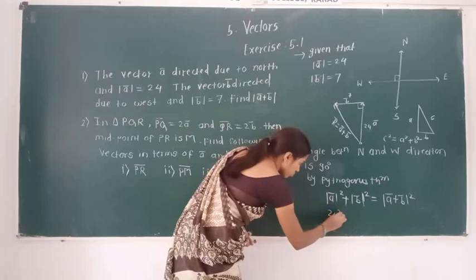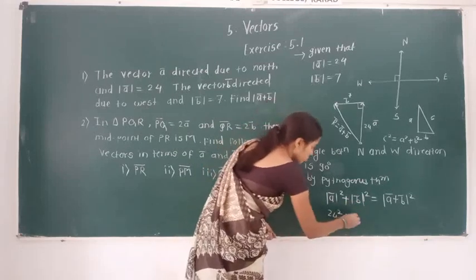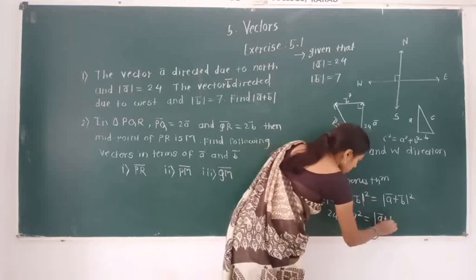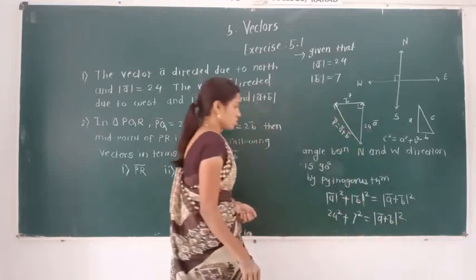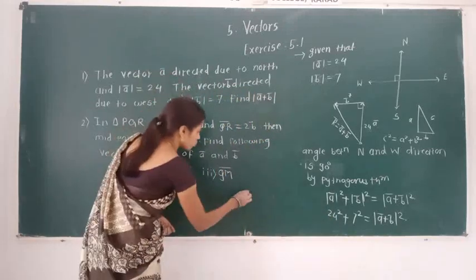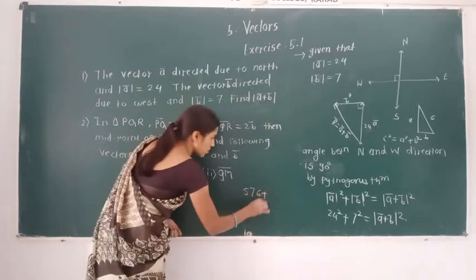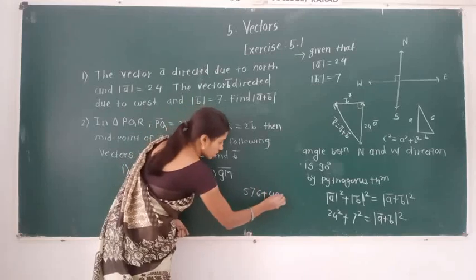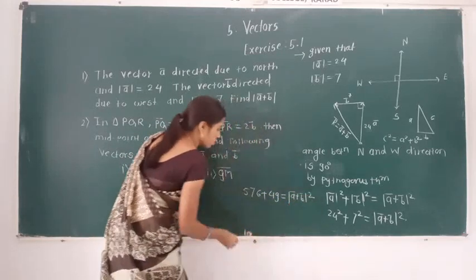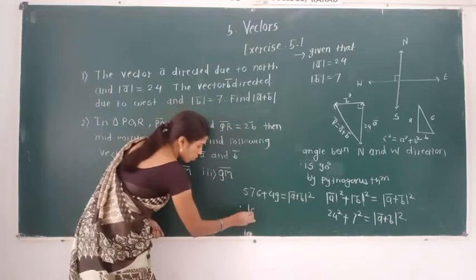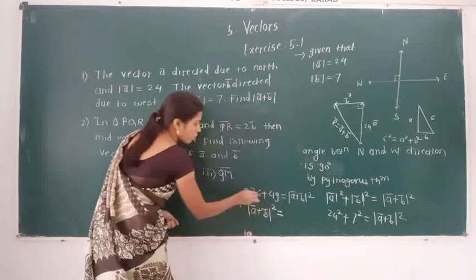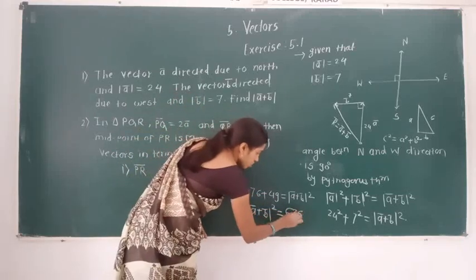Take here 24 square, and this magnitude we put 7 square, which is equal to magnitude of A bar plus B bar square. Okay, now 24 square is 576 plus 7 square is 49, equal to mod of A bar plus B bar square. Therefore the value of mod of A bar plus B bar square is the sum of these two terms, 625.